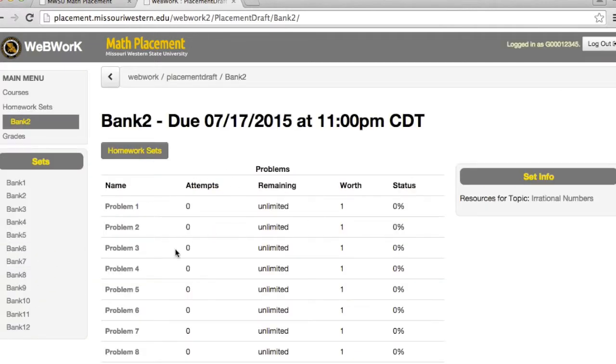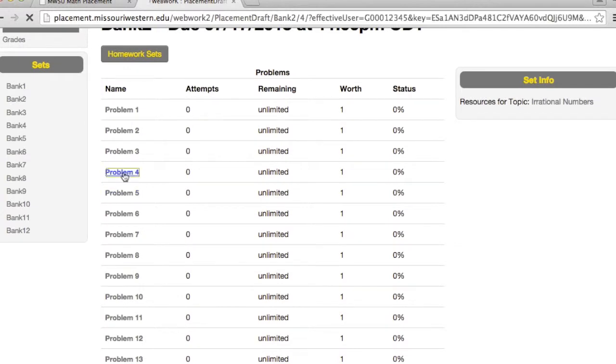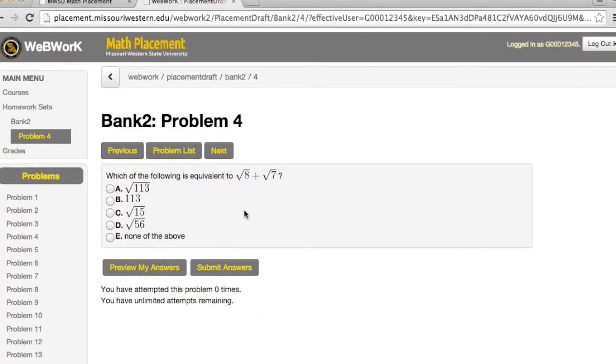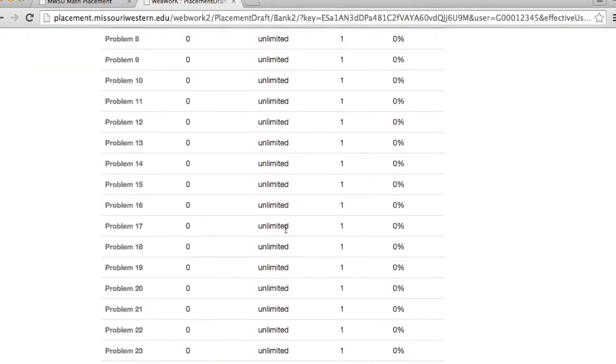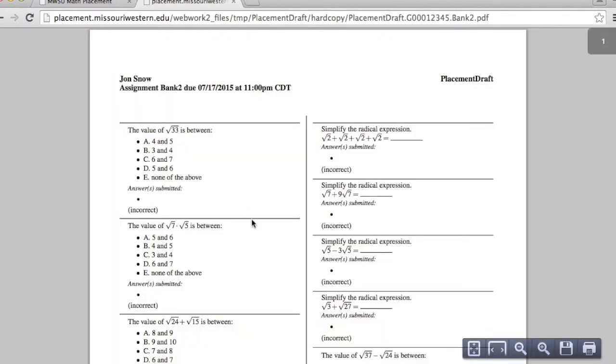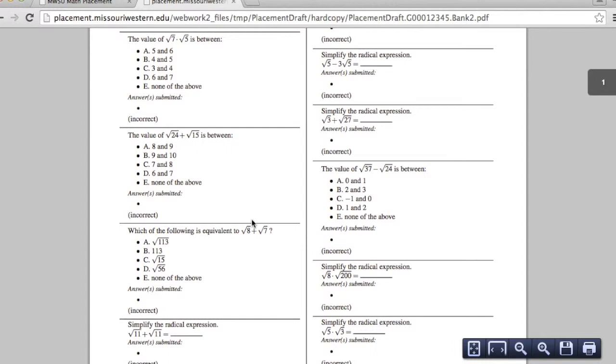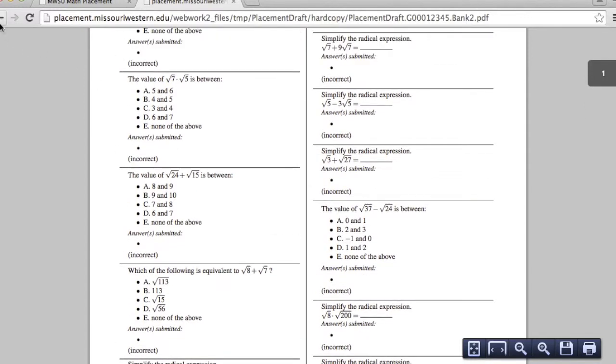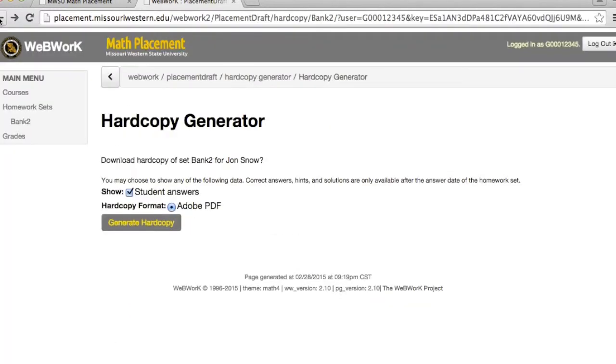Once you're in there, you can try any of these questions and you'll get an answer straight away. For each one of these problems, you can actually download a PDF version of all of the questions from this bank and work from it offline. Then, return to the bank and see if you've got the questions right.